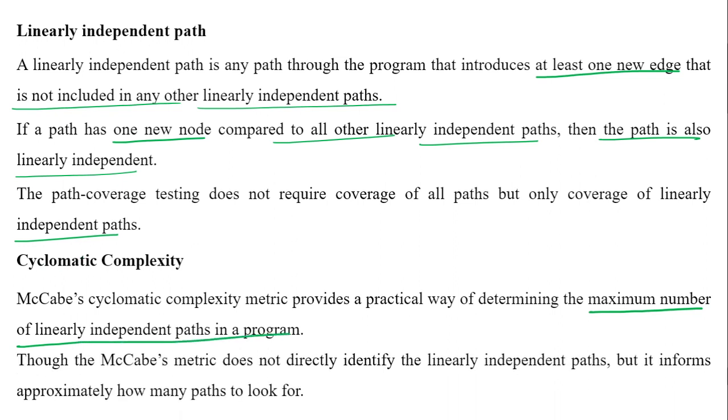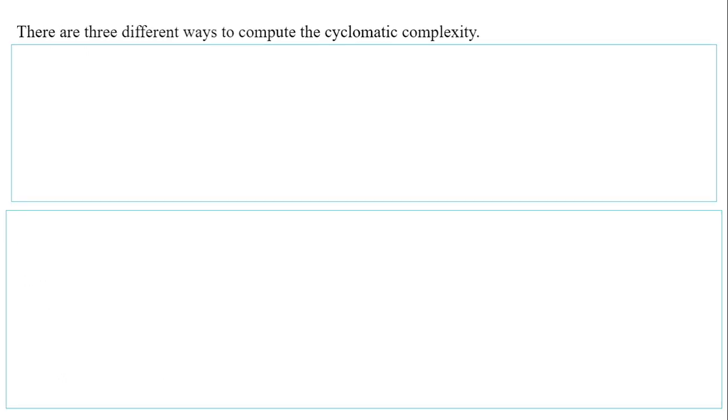Though McCabe's metric does not directly identify linearly independent paths, it gives an approximation. Meaning, if the cyclomatic complexity value is 7, then approximately 7 paths can be considered as independent paths.